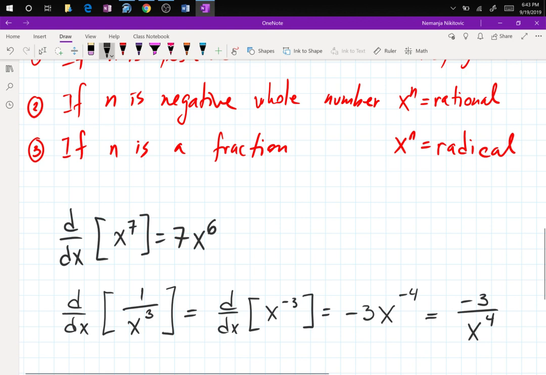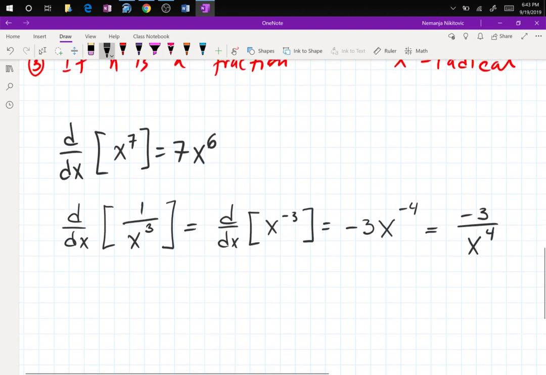So far, we covered two formulas: the derivative of a constant is 0, and these types of derivatives. So the next question here is the derivative of the 5th root of x squared. So that's a 5th root of x squared.